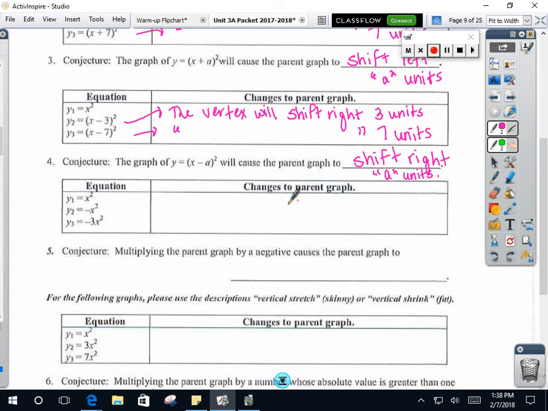Okay, now graph those three in your calculator. Y equals x squared, y equals negative x squared, and y equals negative 3x squared.